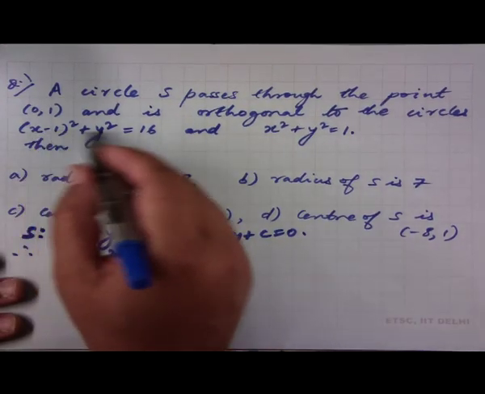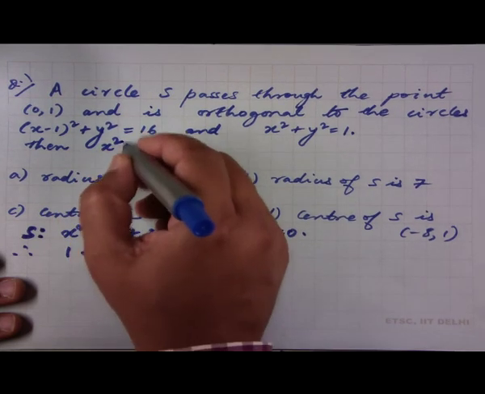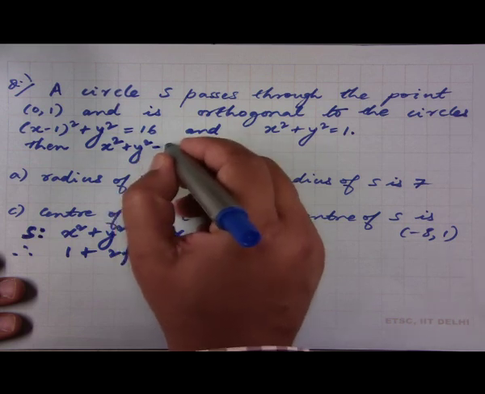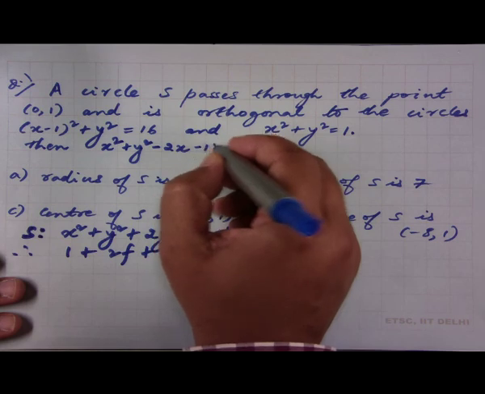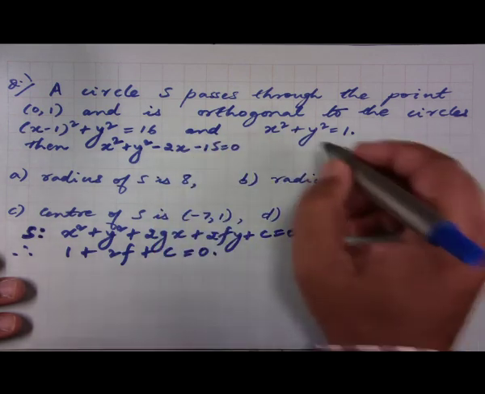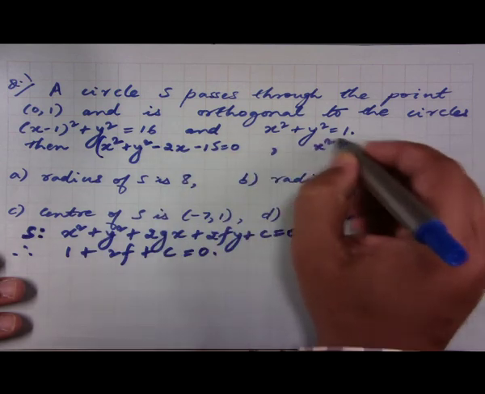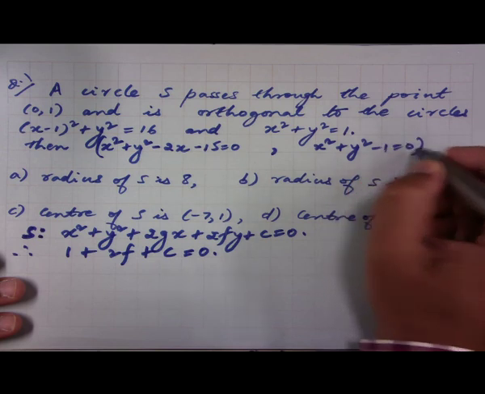So, this equation can be written as x square plus y square minus 2x minus 15 is 0, and the second circle is x square plus y square minus 1 is 0.